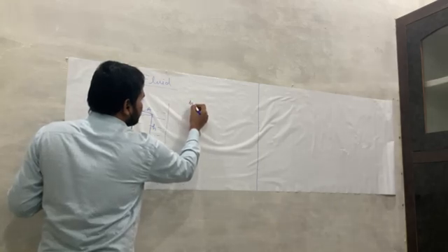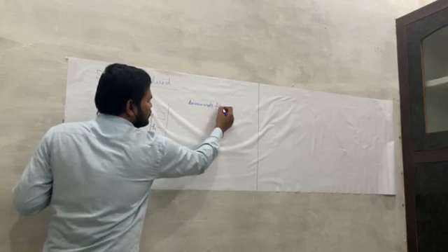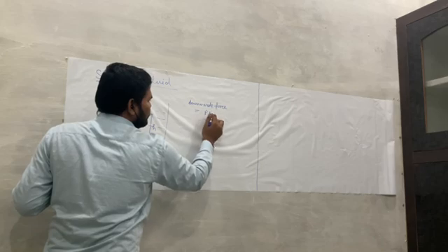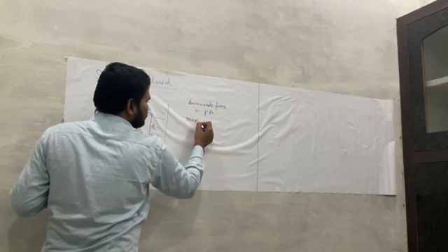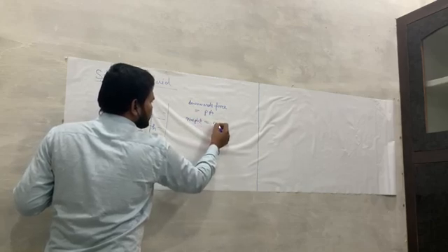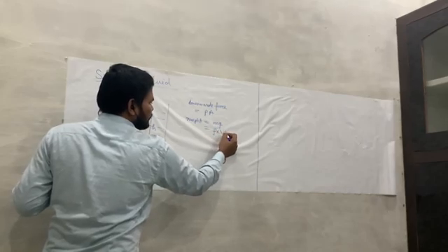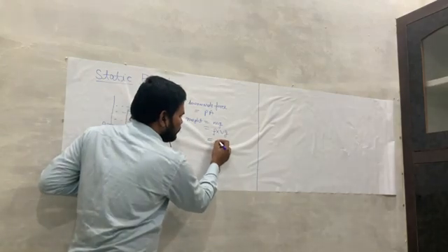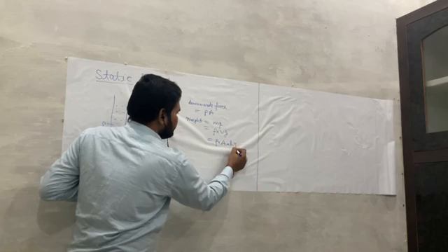Downward force equals PA plus weight mg, where m can be written as rho into volume, so the weight is rho A h g.